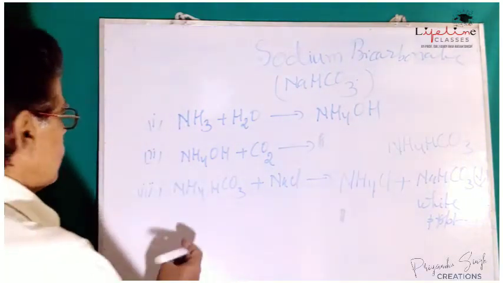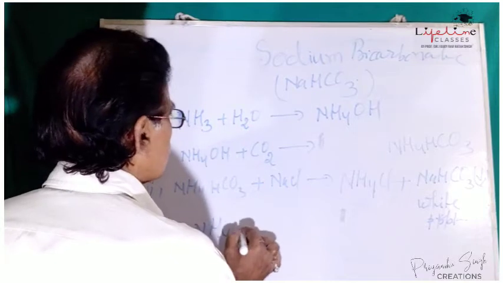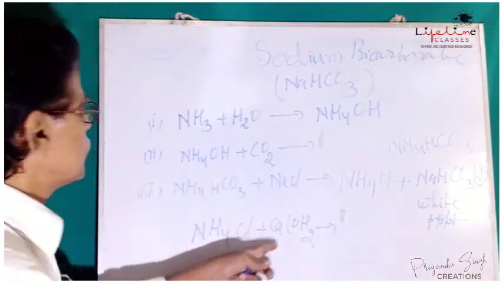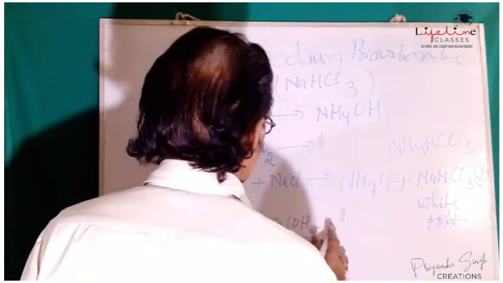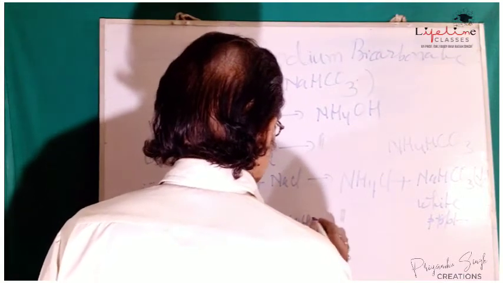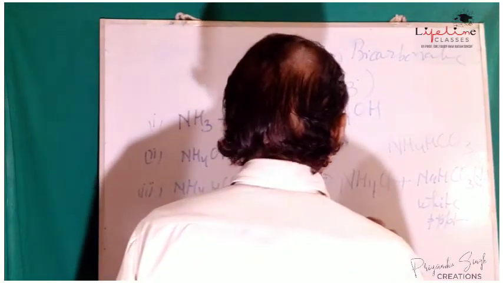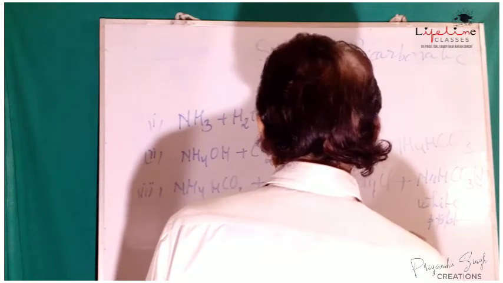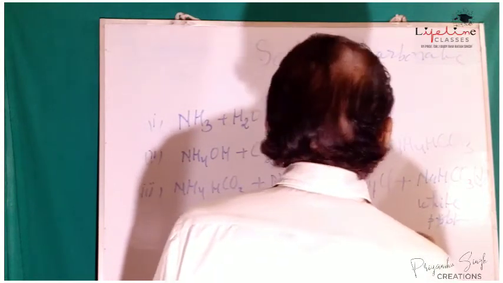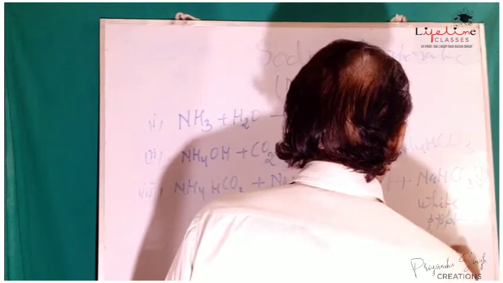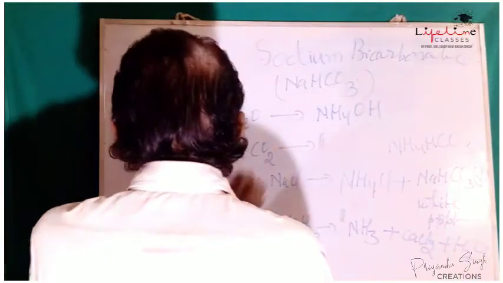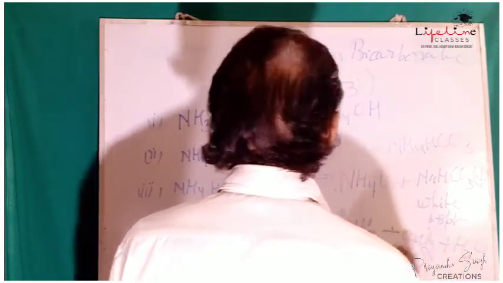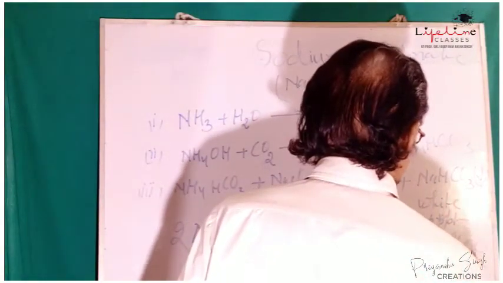So this can be done by this reaction: 2NH4Cl plus Ca(OH)2 gives 2NH3 plus CaCl2 plus 2H2O.